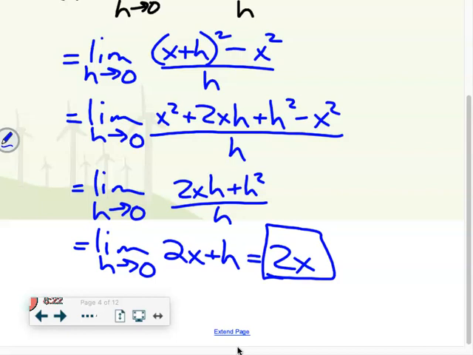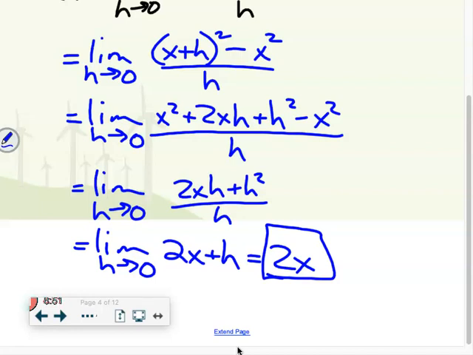What does this 2x represent? What does it give us? That was really well worded, better than I was expecting. Well done. So this gives us the slope of f of x at any specific x value. And by slope, we don't mean an average rate of change, we mean an instantaneous rate of change, right? You plug in an x, you get out your slope.